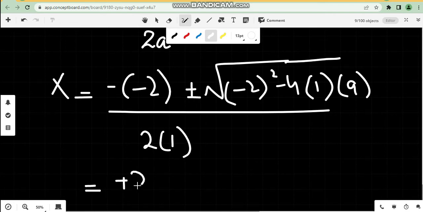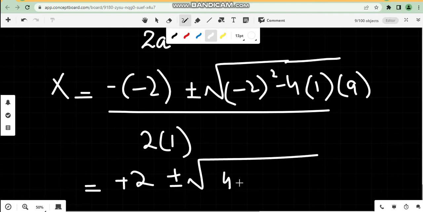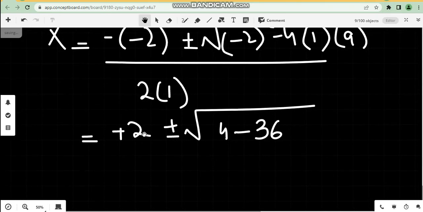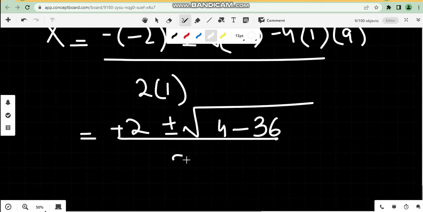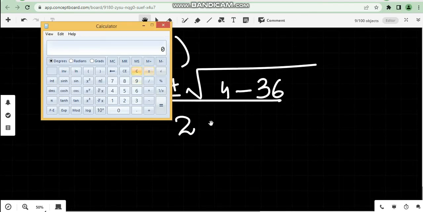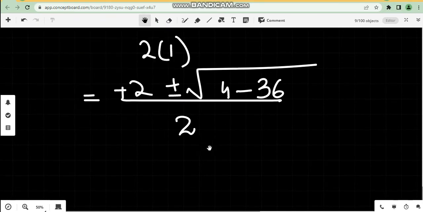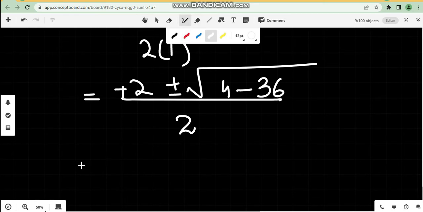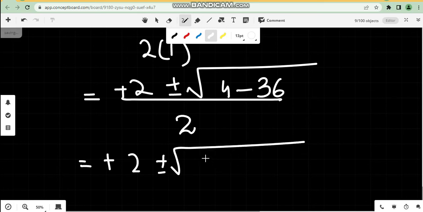That equals positive 2 plus minus square root of 2 square, that's 4, minus 4 times 9, that's 36, divided by 2. 36 is the bigger number, so we will write our answer as 2 plus minus square root of 4 minus 36, that's minus 32, divided by 2.